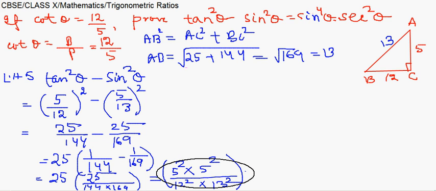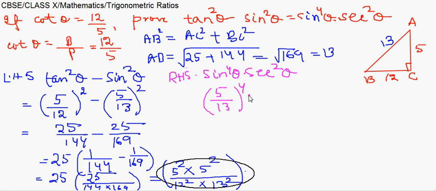Now I try solving the RHS beside it. RHS was sine 4 theta sec square theta. Sine theta is 5 by 13 whole to the power 4, perpendicular by hypotenuse. Sec theta is the opposite of cos, so it is hypotenuse by base, because base by hypotenuse is cos theta, and this is the reciprocal of it.